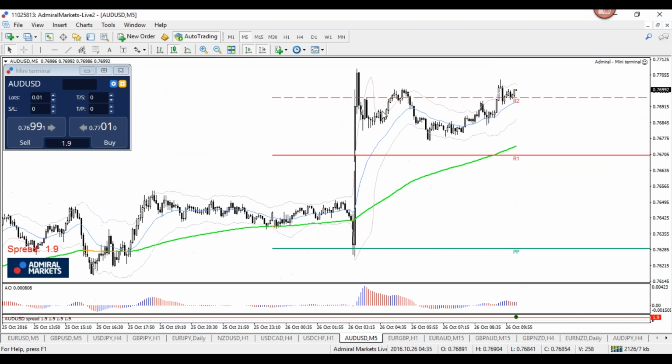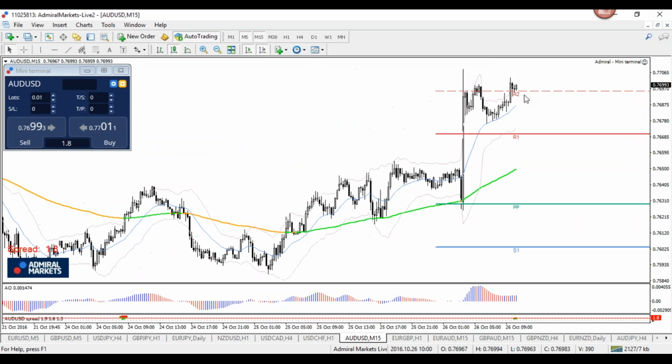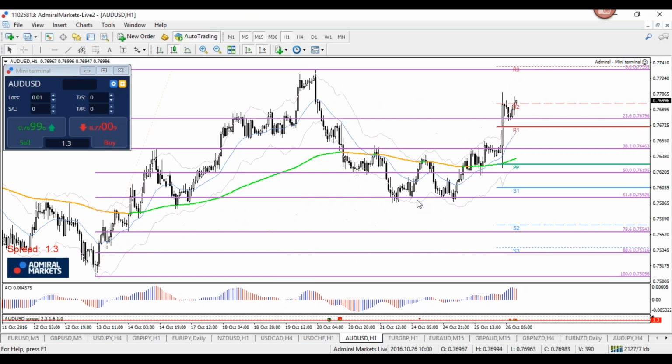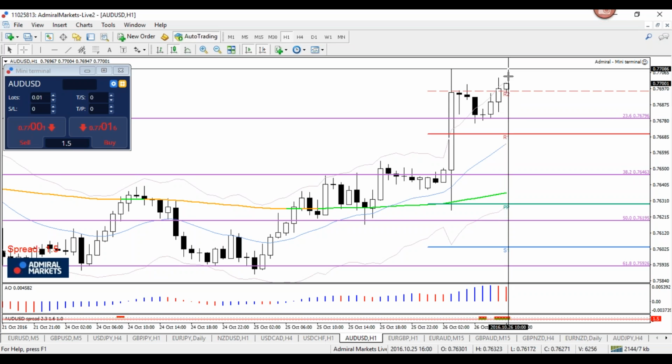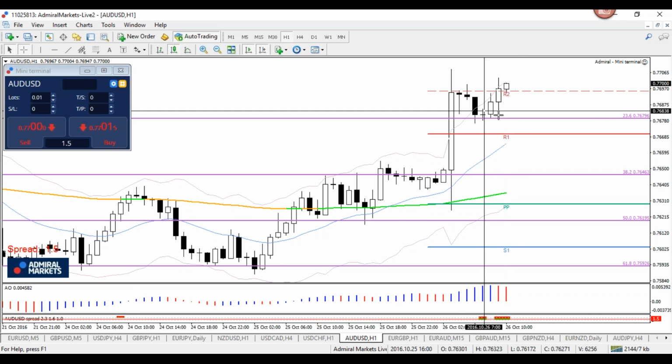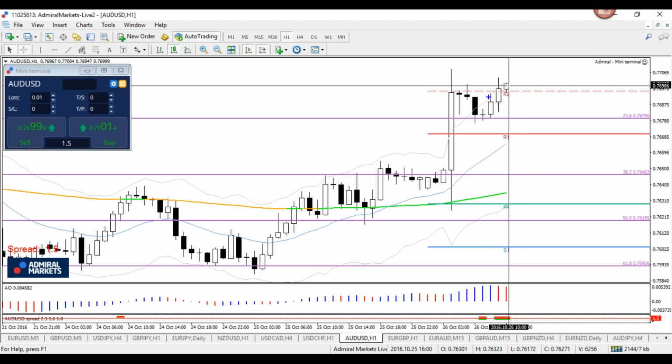But at this point, I'm not sure if it's really a good spot. It could still continue this hour. But if not this hour, then I would definitely be expecting a bit bigger correction going sideways.